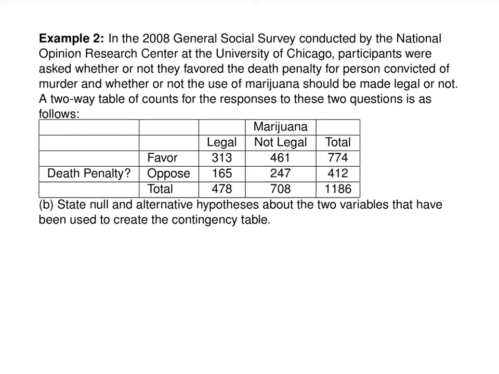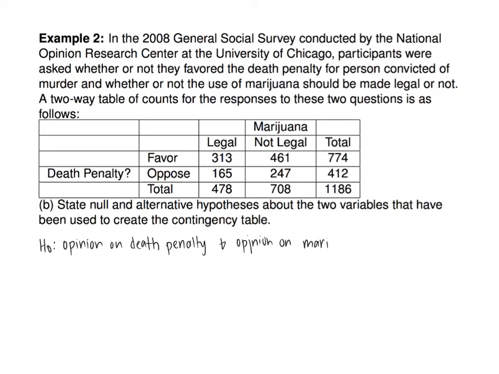So state null and alternative hypotheses about the two variables that have been used to create the contingency table. The null hypothesis is that these two variables are not related. So the two variables, opinion on death penalty and opinion on marijuana legalization, are not related.